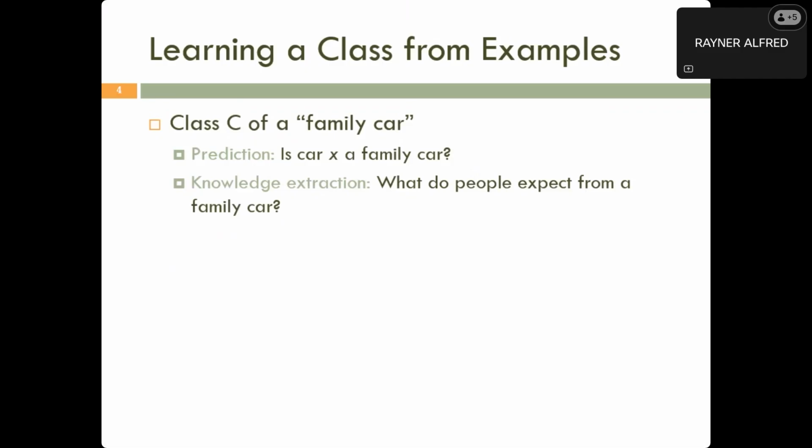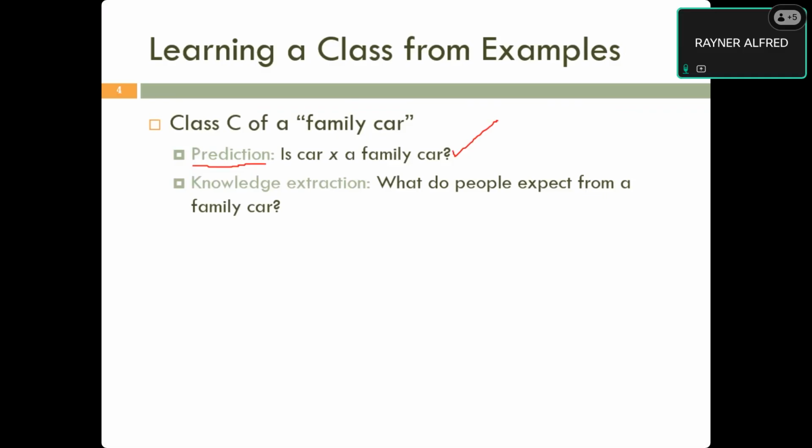Okay, for example, we want to be able to classify a car. So they said, okay, how do you classify a family car? So the question is, the prediction is car X is a family car.